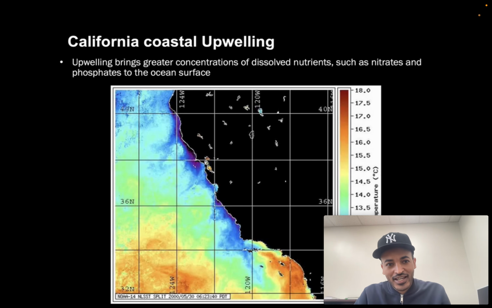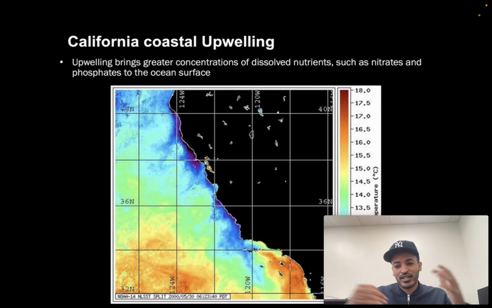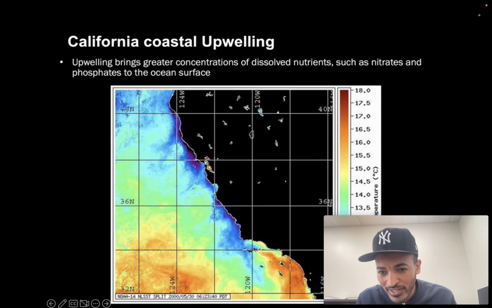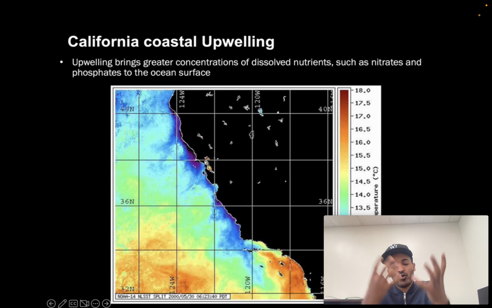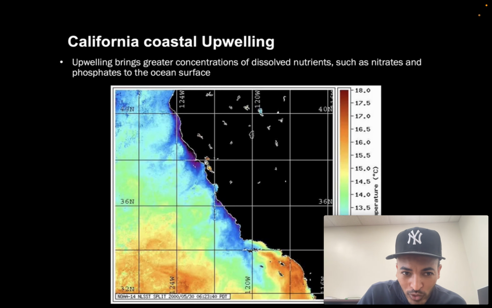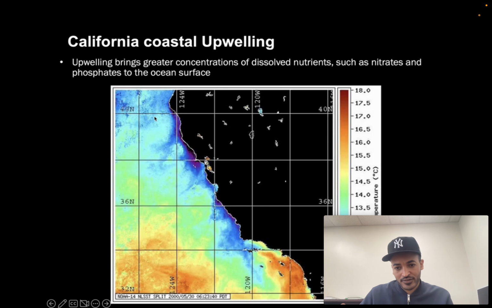And if we look at, for instance, the California coastal upwelling, what you see here is temperatures, colder waters, right? The colder waters are also rich in nutrients because they are coming from the deeper ocean, and these are exactly where we have significant upwelling, right?